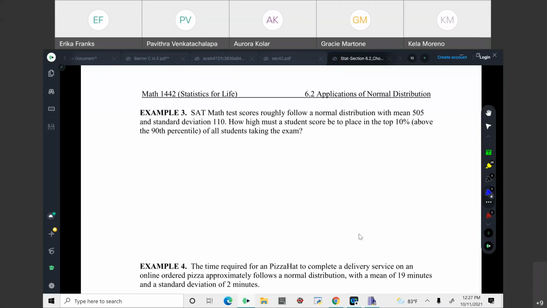I mean, they have not given the area directly. So figure out how to find the area using the given information, and then you will be done. You have to find out the X score.